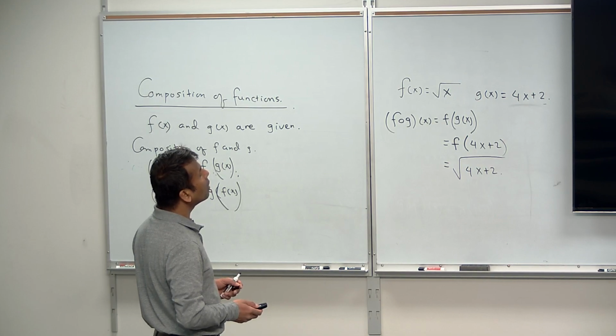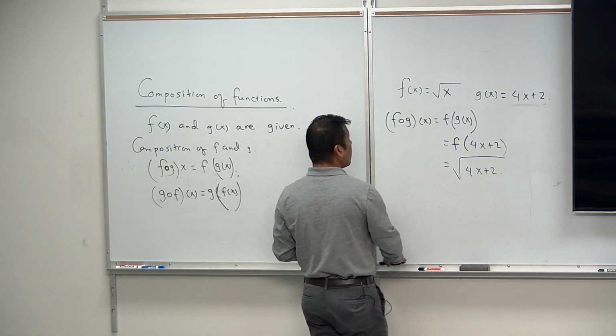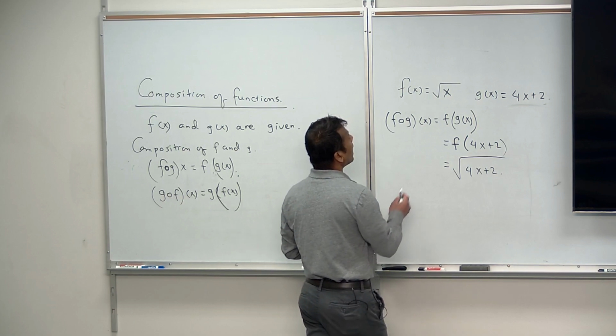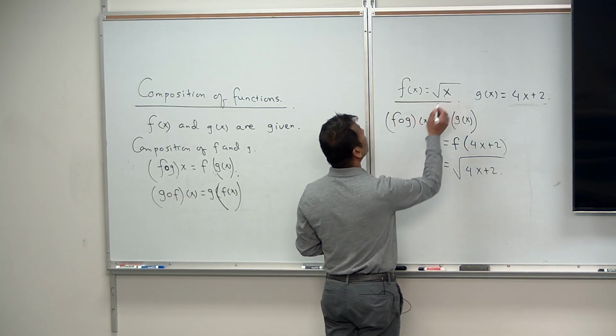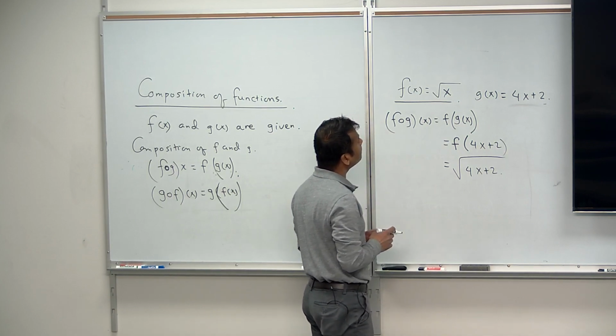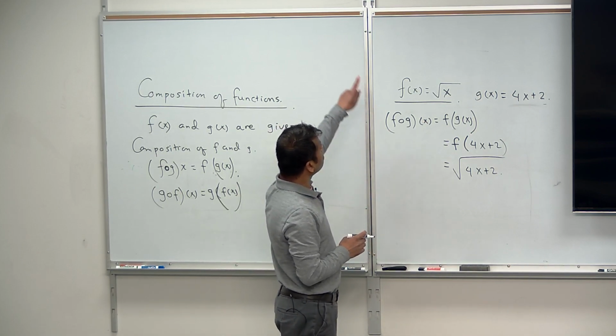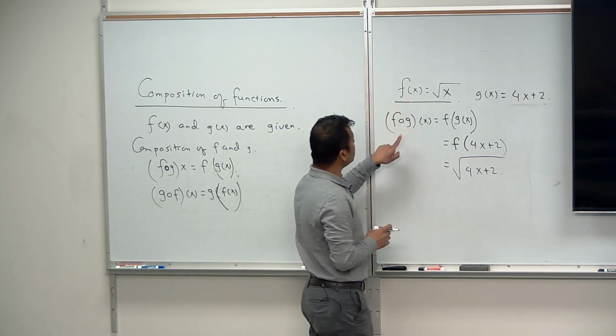Now we need to find the domain. So how do you find the domain of f of g(x)? So now, look here, guys. This is your f(x), this is your f of g(x), right?